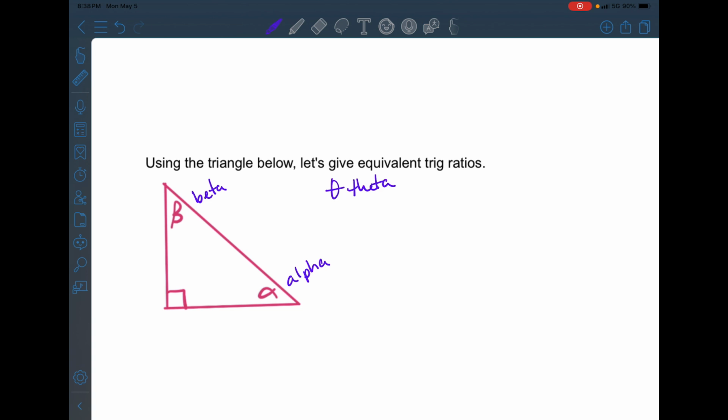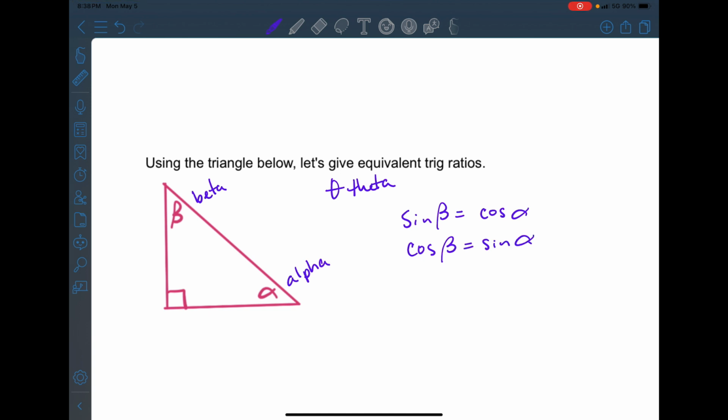So we're going to do the same kind of thing that we did up at the top of that page. So the sine of B equals the cosine of A. And the cosine of B equals the sine of A.